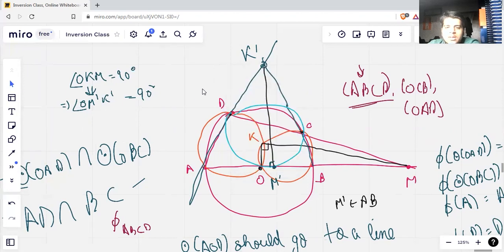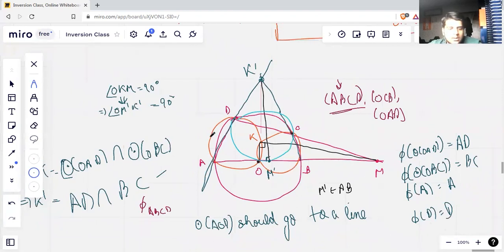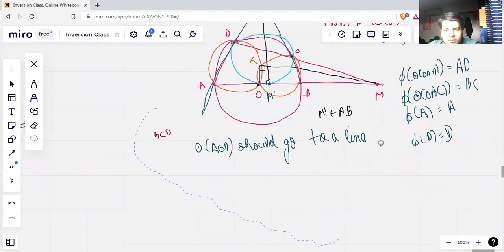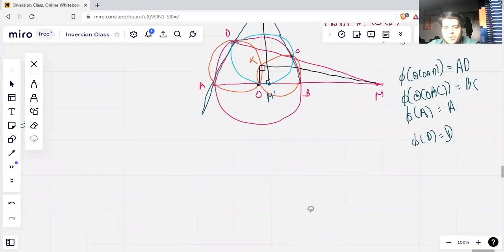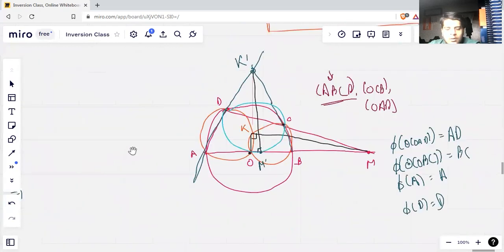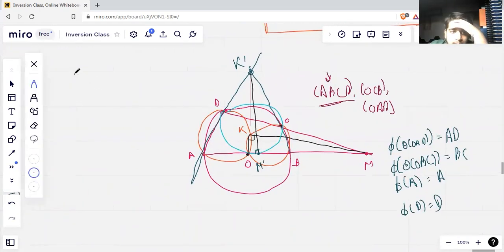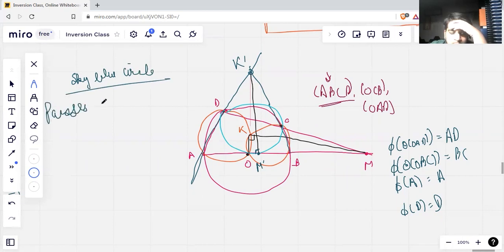Notice this sky blue colored circle. It passes through O. What is O? Midpoint of AB.